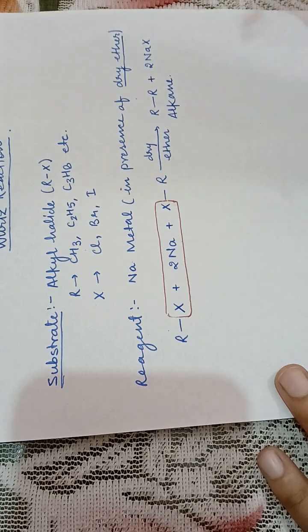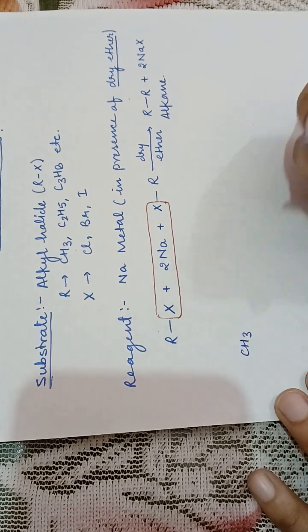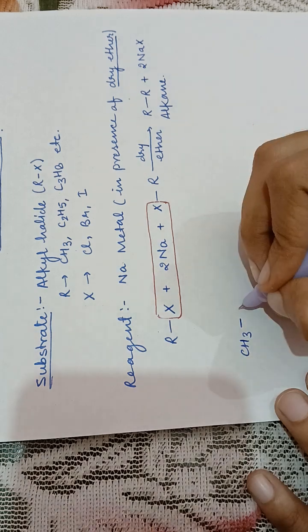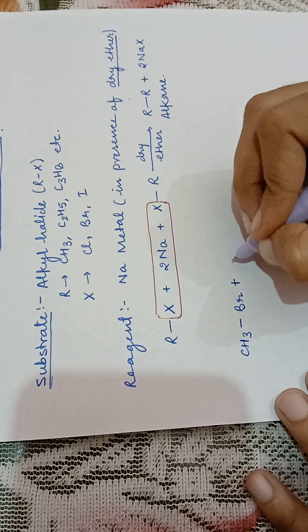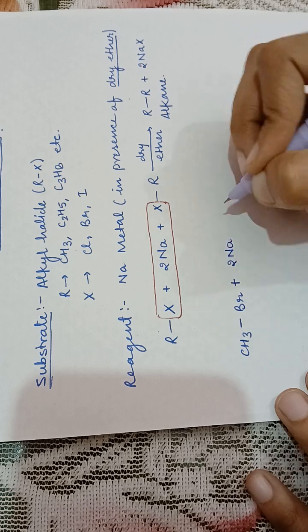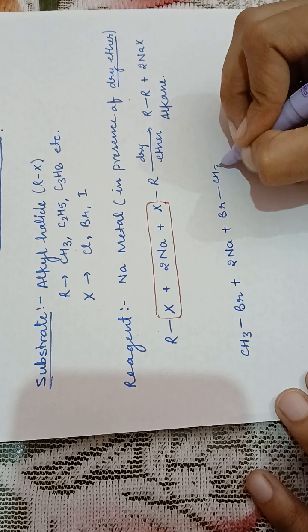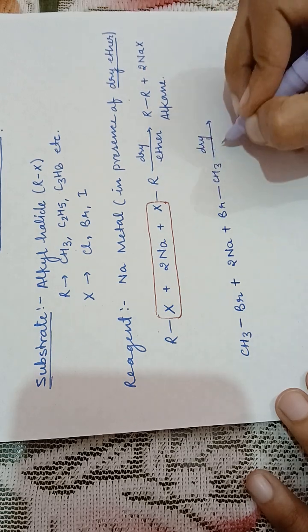Now we will take another example of this reaction, like CH3, any alkyl group, and for halogen we are taking bromide. 2Na plus BrCH3 in presence of dry ether.